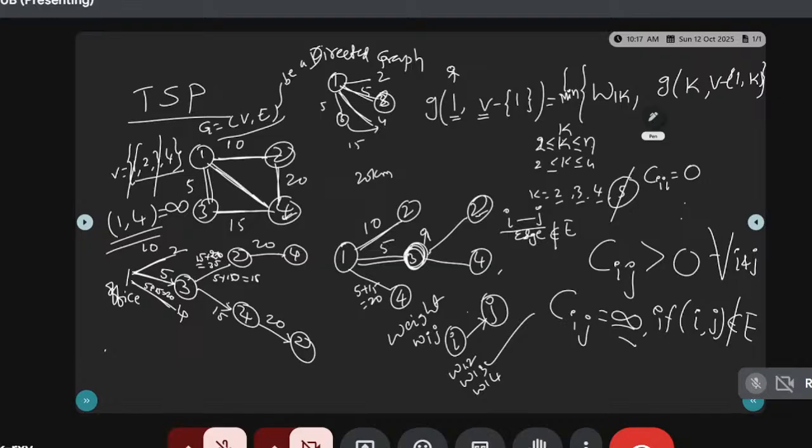Next problem, next line: the traveling salesperson problem, the TSP.